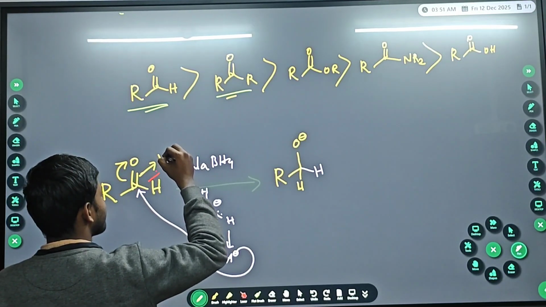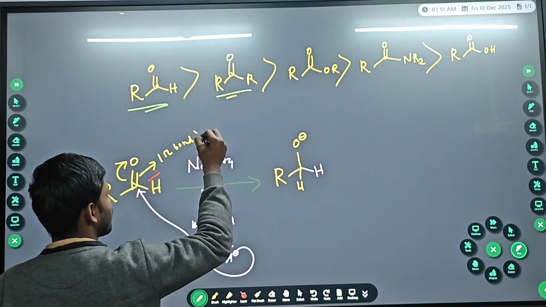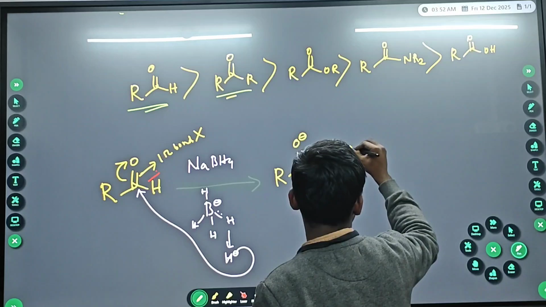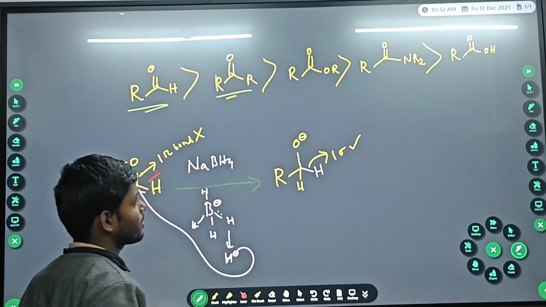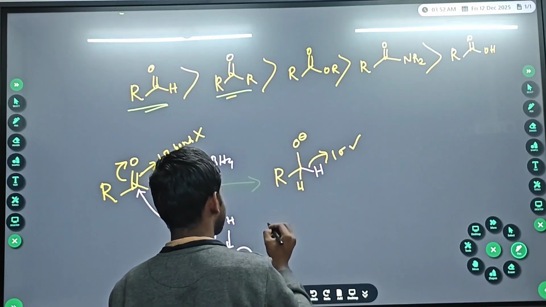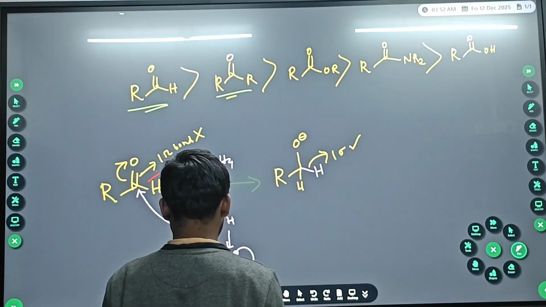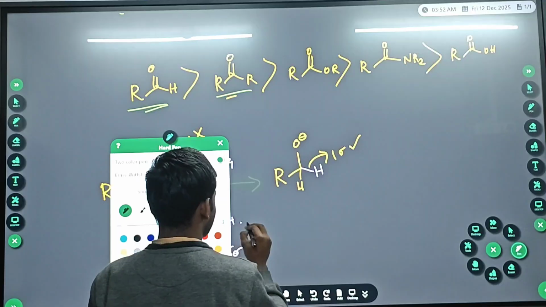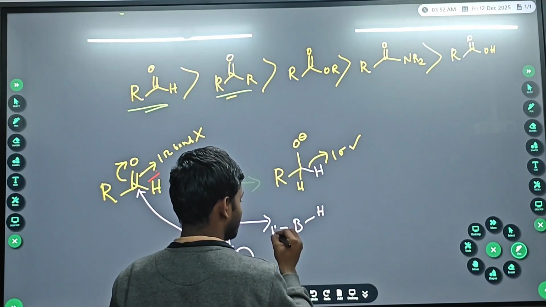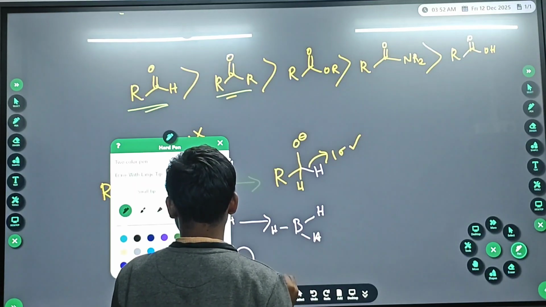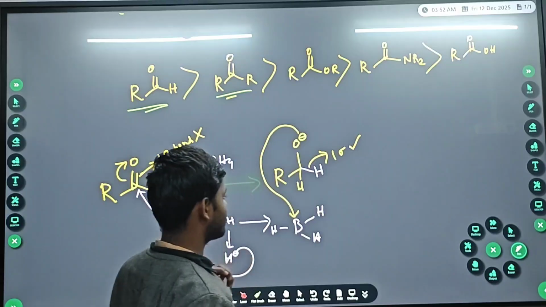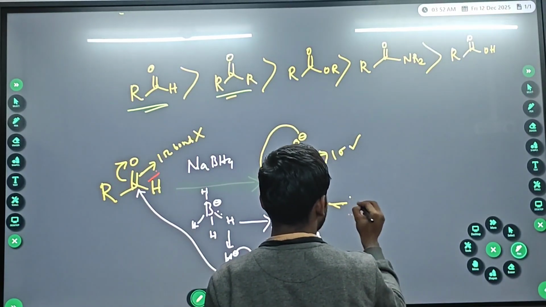One pi bond is lost, and here we observe one sigma bond we get. So the O- is a very reactive species. Now the boron will be like BH3, a neutral molecule. Now this O- attacks that boron and makes this type of derivative.